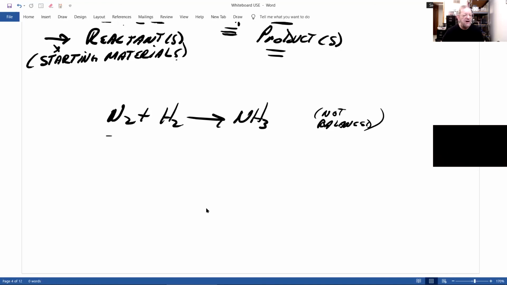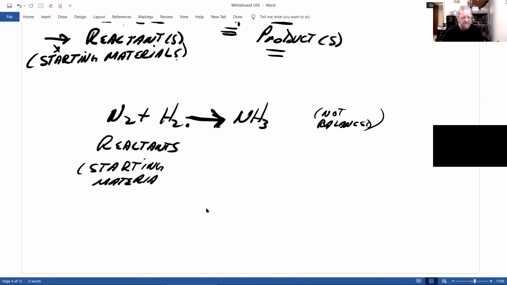Time's up. Here's the arrow of our chemical equation for this chemical reaction. At the base of the arrow are the reactants. And I'll sometimes call them starting materials. At the head of the arrow are the product or products.